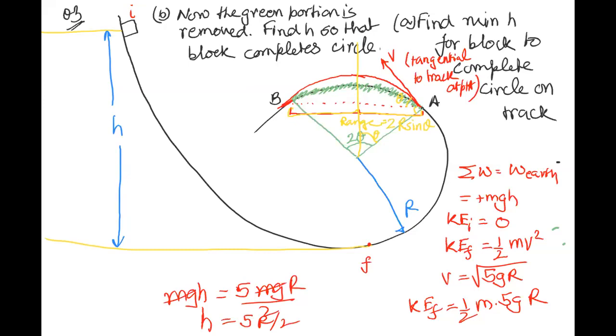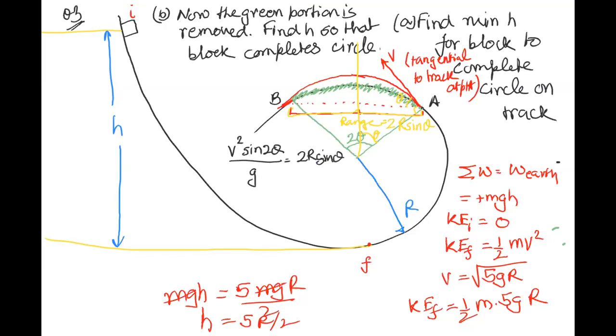So range of a projectile is given by v square into sine 2 theta by g. सही याद है मुझे? ये गलत है. This is equal to 2r sin theta.